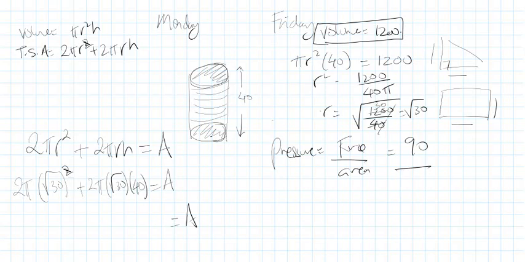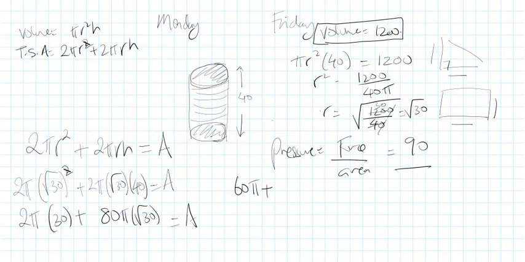Alright, so you need to type that on your calculator. So it's 2 pi root of 30 squared, which gives me 30, plus 2 times 40, that's 80, pi root of 30. This can be simplified further. 2 times 30, that's 60, so it's 60 pi plus 80 root of 30 pi.